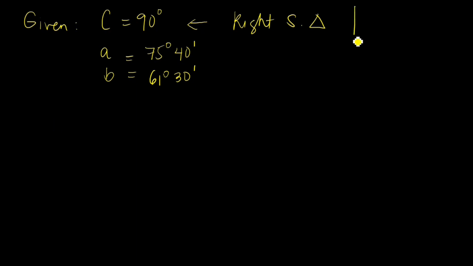So what are the other parts? We have angle C, so we need to determine angle A, angle B, and then with A and B as the sides, we need to determine side C. I'll just write "side" here so it wouldn't be mistaken as a big C.